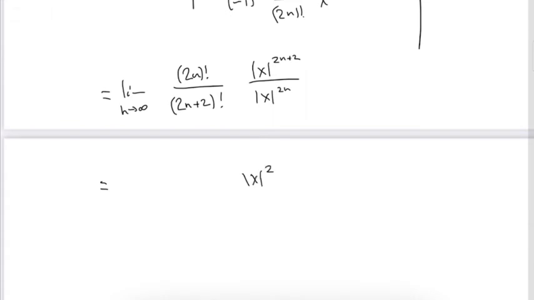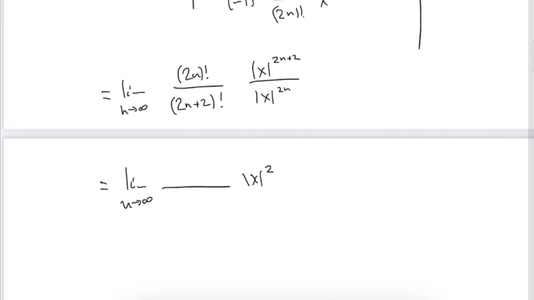And then when I cancel the factorials, what do you get here? On top, I have all the numbers up to 2n. On the bottom, I have all the numbers up to 2n+2. Right, the bottom has 2 extra numbers.